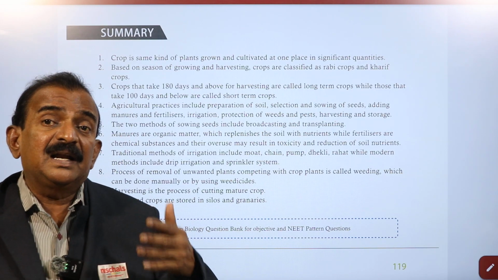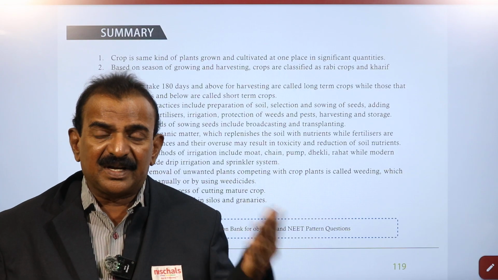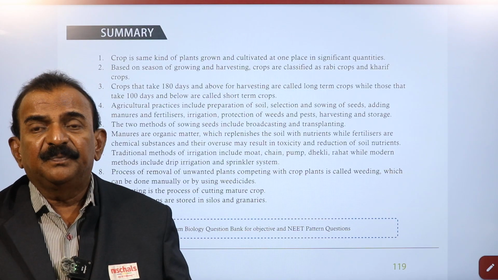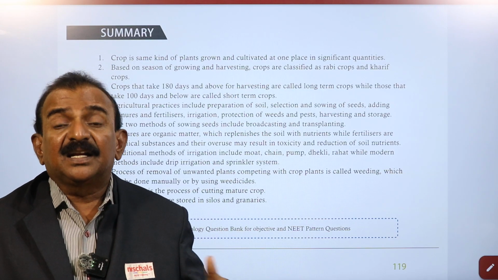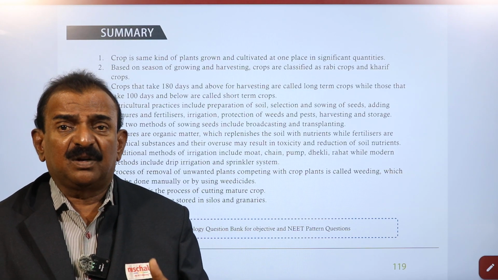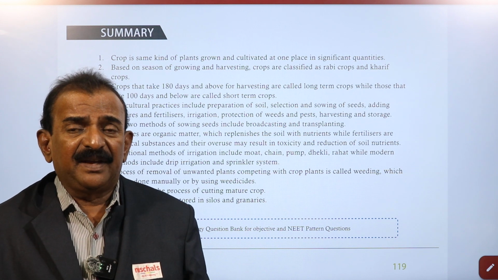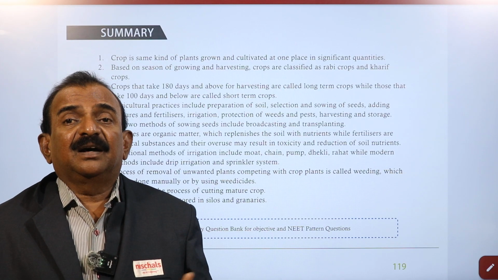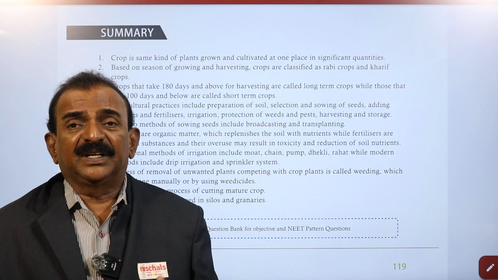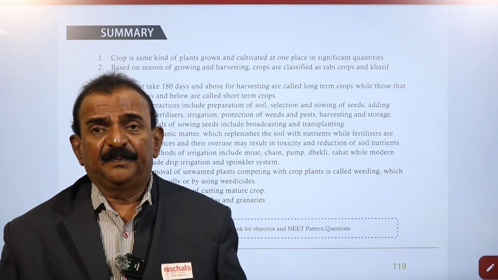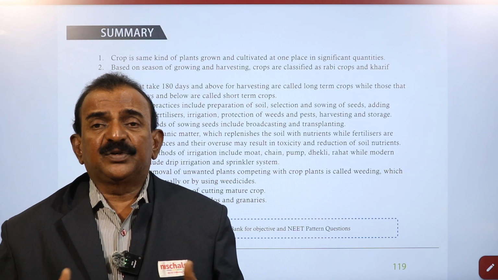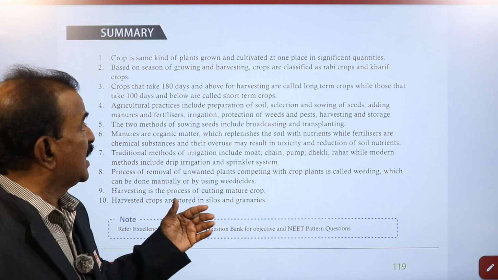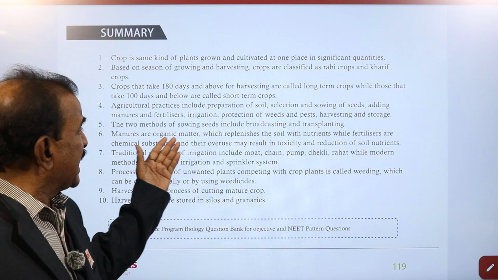And next, manuring and fertilization, adding manures or fertilizers in the field, and weeding, the removal of unwanted plants which grow and compete with the main crop, and they are called weeds. That method is called weeding. And we also discussed the last term, harvesting. Harvesting is nothing but cutting off the mature crop to get the grains. Those are called steps, and they are called agricultural practices.